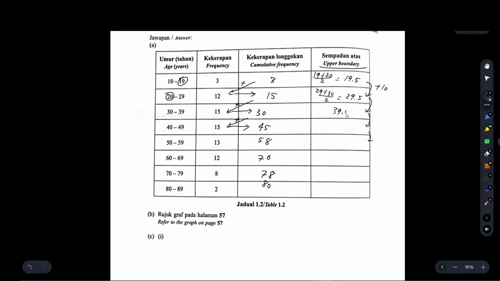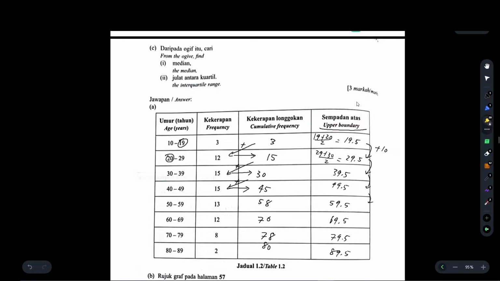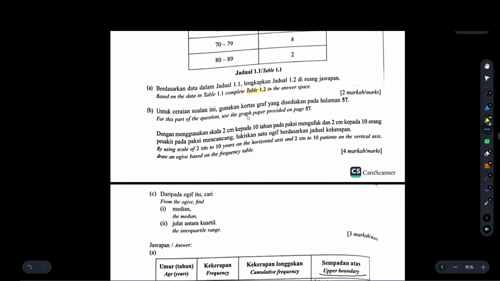So we're gonna have 39.5 right here, 49.5, 59.5, 69.5, 79.5, and finally 89.5.